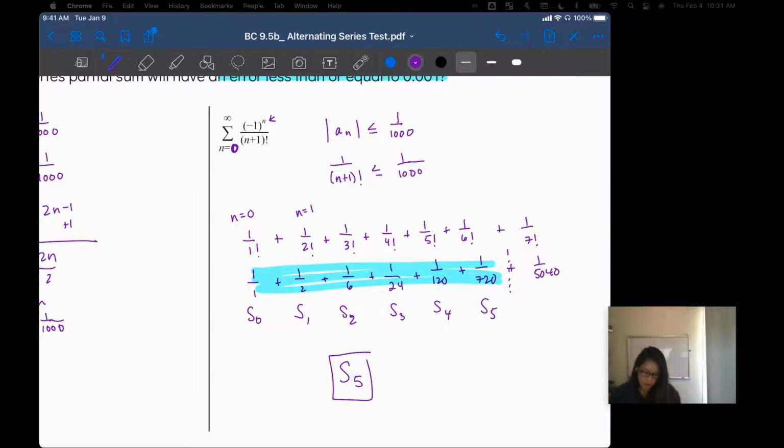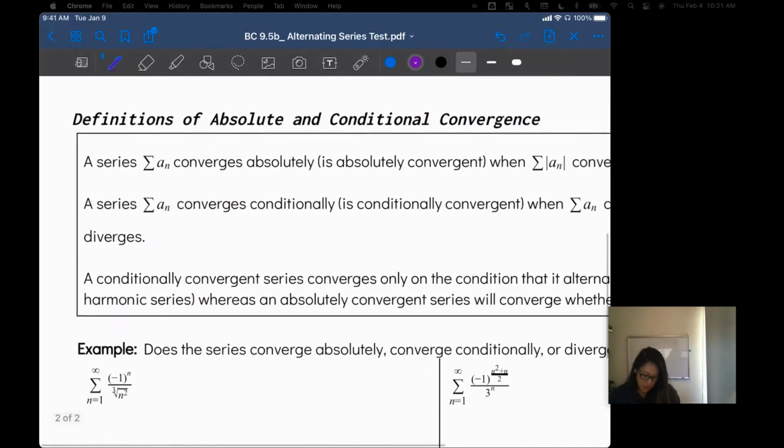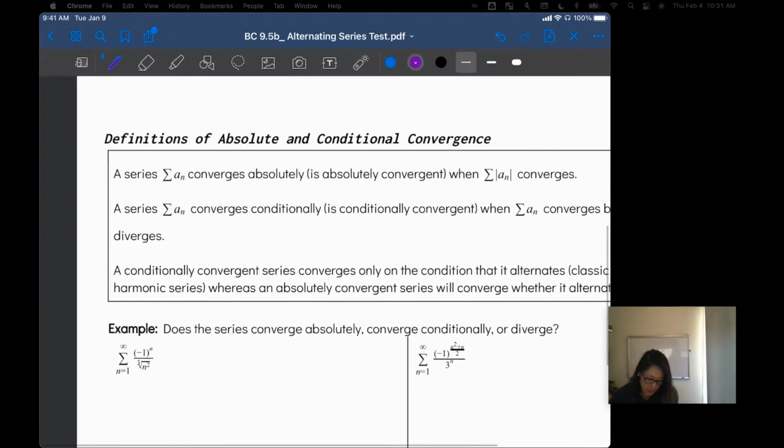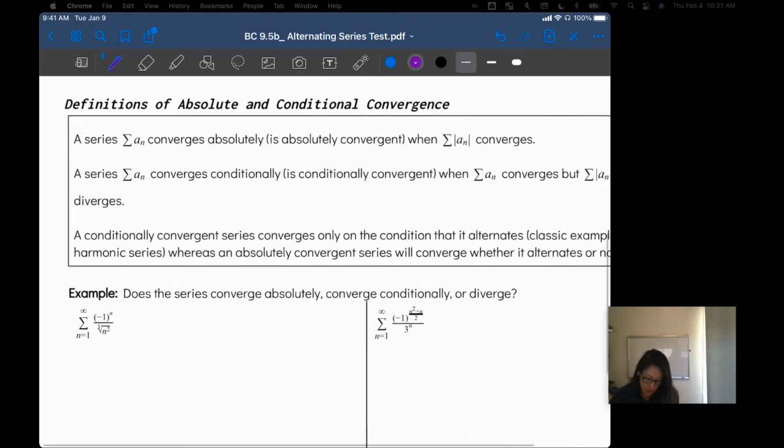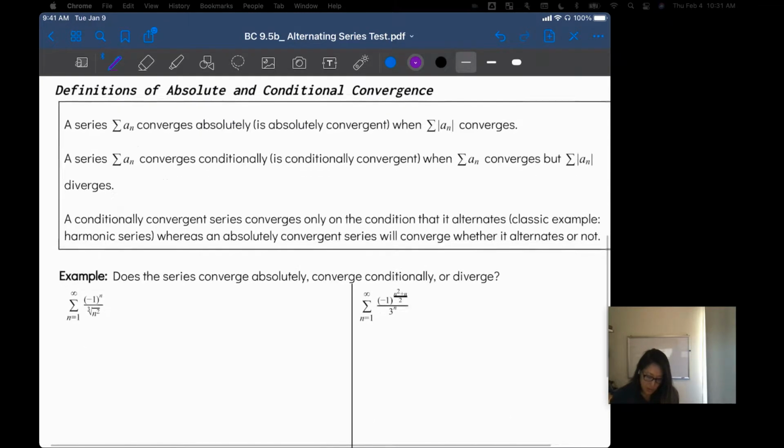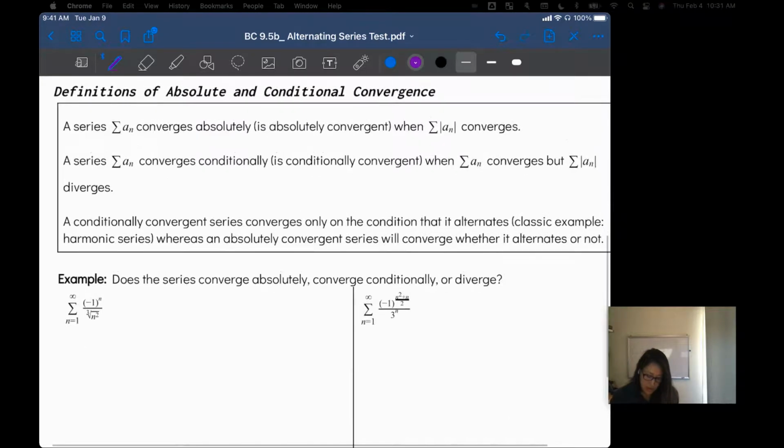All right, so the definition of absolute and conditional convergence. Basically, in an alternating series, we know, for example with the harmonic series, that it doesn't converge if all the signs are positive. But as soon as we alternate the series, then the series will converge.